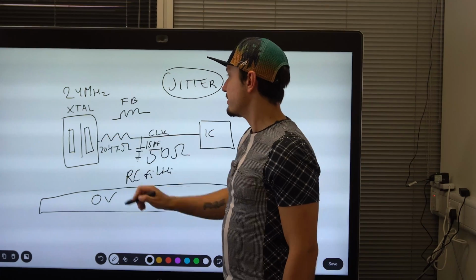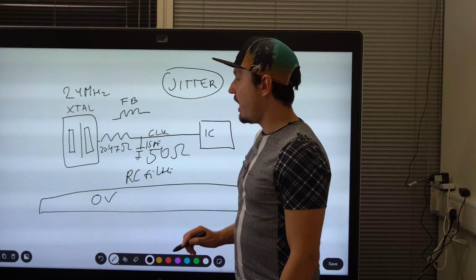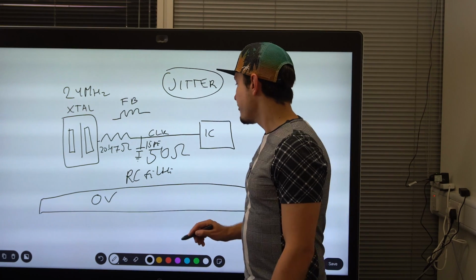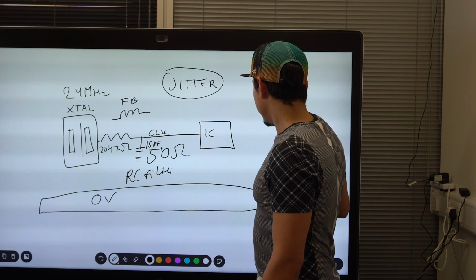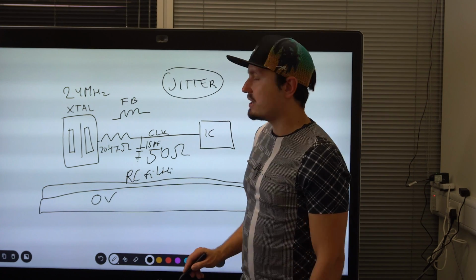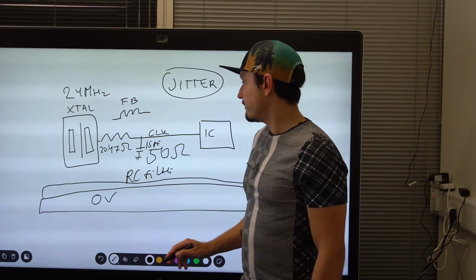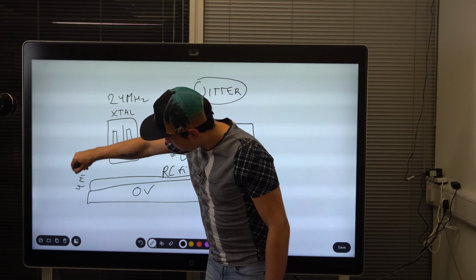So under the crystal oscillator, under the IC, and under the trace itself, your return current will flow in the dielectric space between the trace and the 0-volt plane, and this distance must be very short.